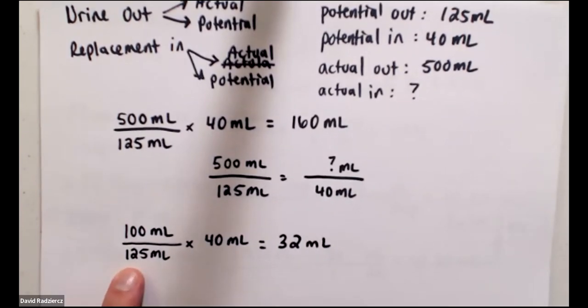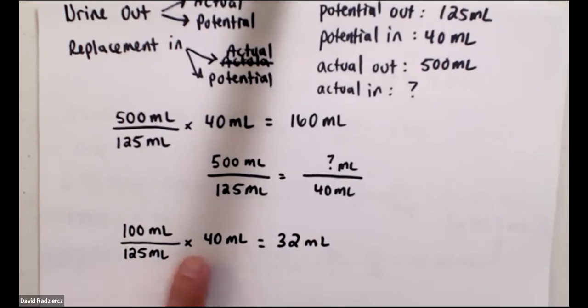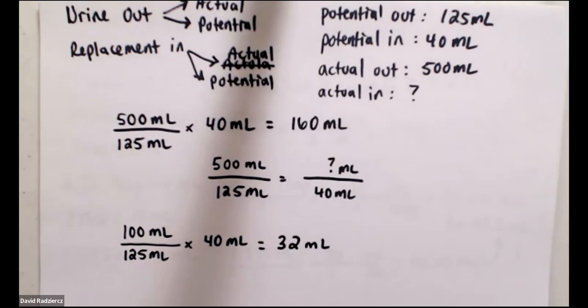Because if I would give them 40 milliliters for 125 loss, your answer should be less than 40 milliliters. And that's another way to make sure you're setting the problem up right: think through it. Should this number be bigger or smaller? And if it's supposed to be bigger, how much bigger? If it's supposed to be smaller, how much smaller? At least that gives you an idea to make sure you're on the right track when you're answering these questions.